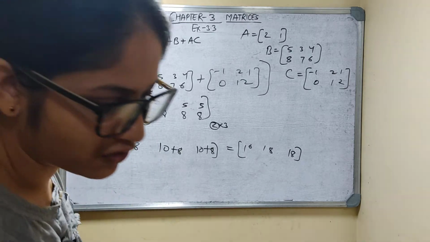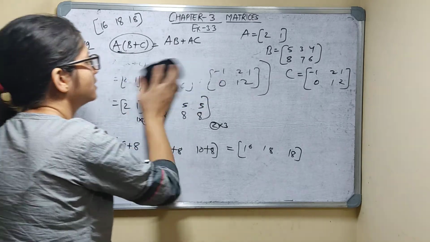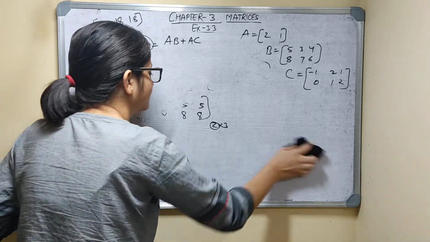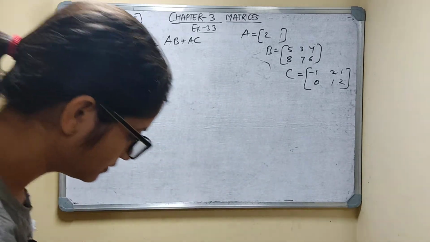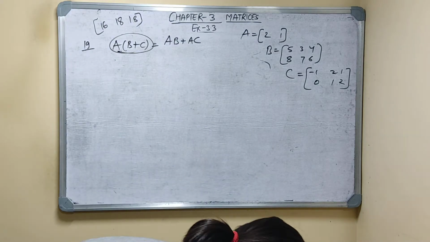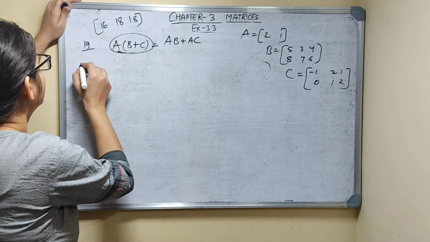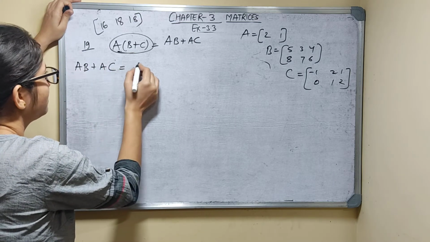Now let's solve the RHS part, AB plus AC. First I'll multiply AB.